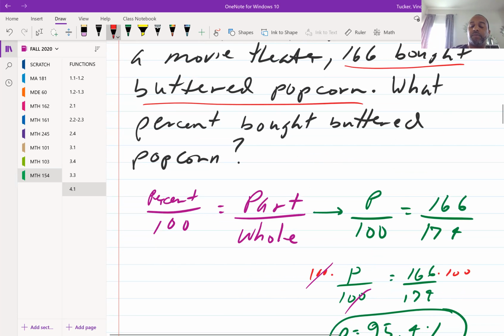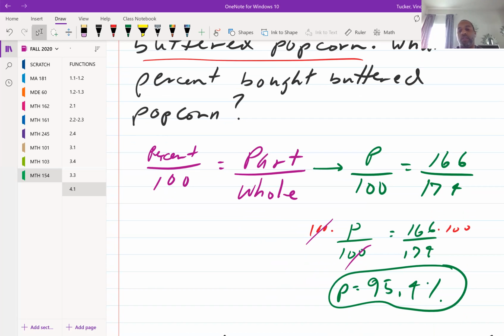Any questions on the setup? All right, so from there, once again, you can either cross multiply to solve or multiply both sides by 100, and that'll give you 95.4%. Questions?